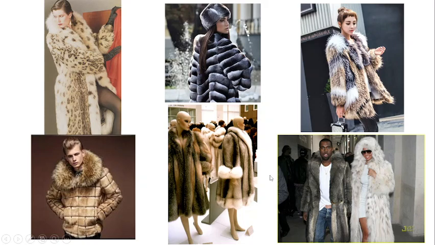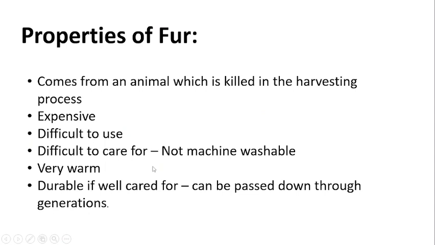And here we see sort of the typical uses of fur. It's typically used in outerwear as jackets and so on in modern times. The properties of fur are that it comes from an animal which is killed in the harvesting process. It is very expensive. It is very difficult to use. It needs specialty machines and specialty industrial processes to be able to sew.